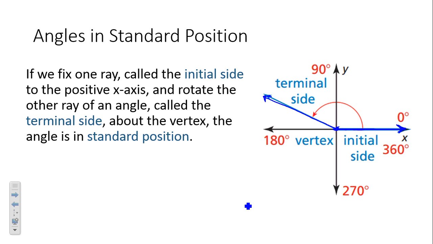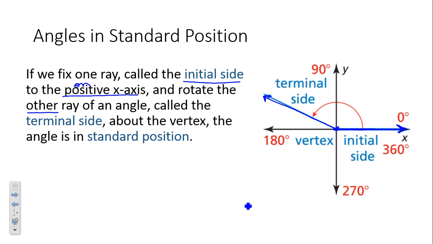So this is what I'd write down on your foldable, something of this nature. If we fix one ray called the initial side, you don't have to write it in all these words, okay? Initial side on positive x-axis is how I would write it. Less writing. And rotate the other ray of the angle.